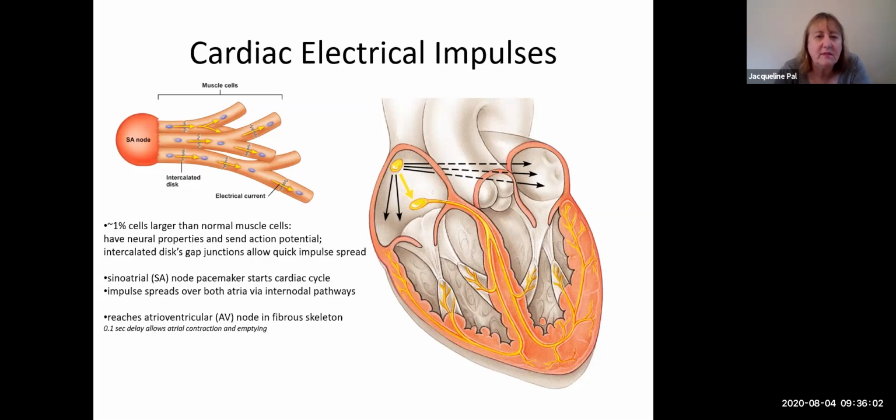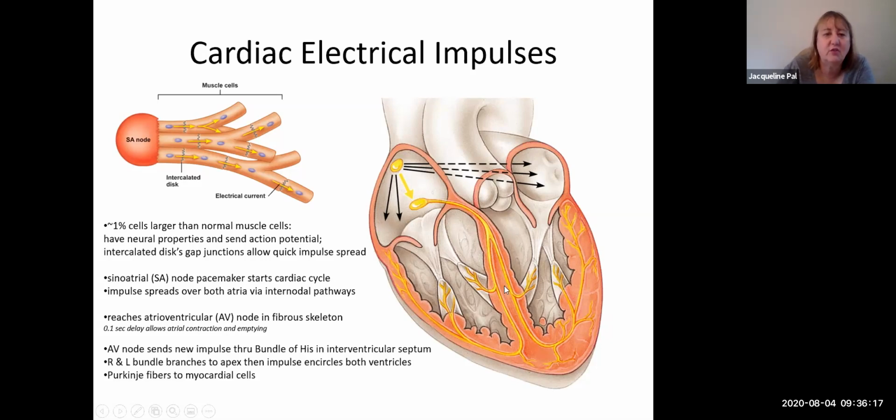Then the impulse hits basically the fibrous skeleton where this atrioventricular node is located, and it gives us a momentary delay, which allows those atria to contract and empty before we're going to start contracting the ventricle.